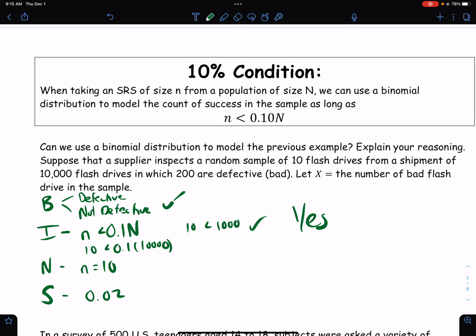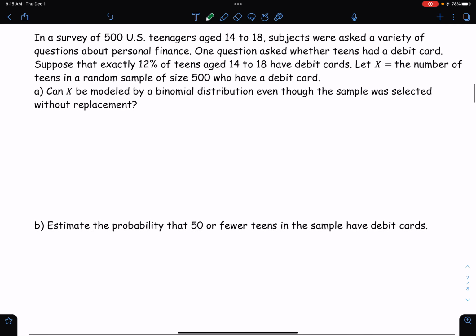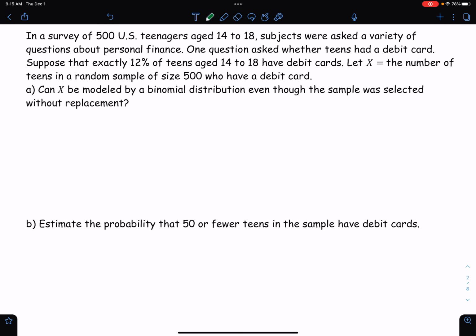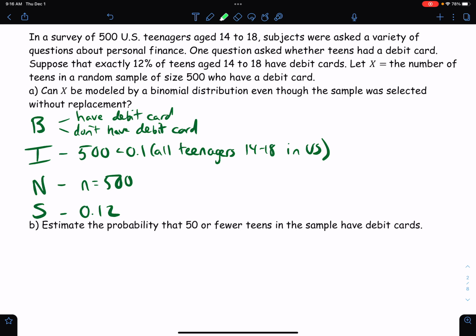I want you guys to pause the video, play it once you're done, and try this next question. When you check BINS, the I is the tricky part. Remember, we don't have a set number of all the U.S. teenagers. What we would say for something generic like that is our sample size is 500, so that's where the 500 comes from. But all the U.S. teenagers between 14 and 18, we don't have that number. We know it's some ridiculously high number in the millions.